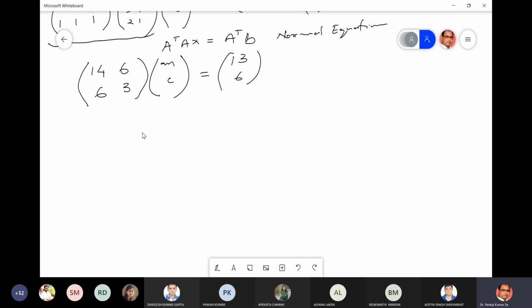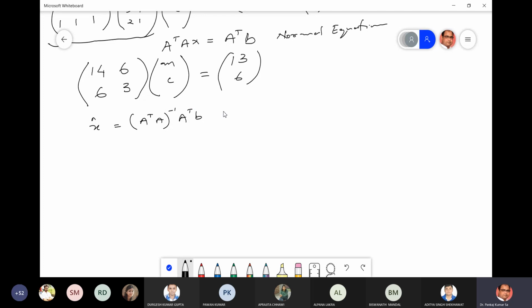Our method: X cap is equal to (A transpose A) inverse A transpose B. In that way, let us see.